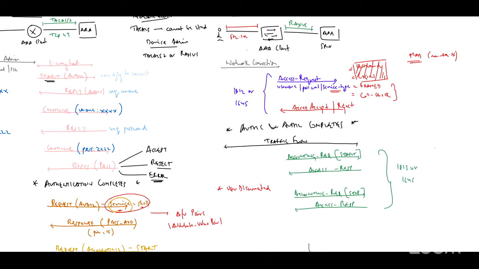Another difference we saw is that TACACS Plus separates authentication and authorization. You first do authentication, and once that completes, you then separately do authorization. RADIUS, as we saw, combines authentication and authorization in a single step.